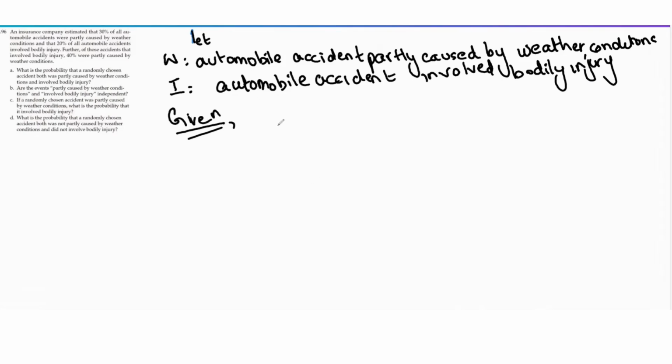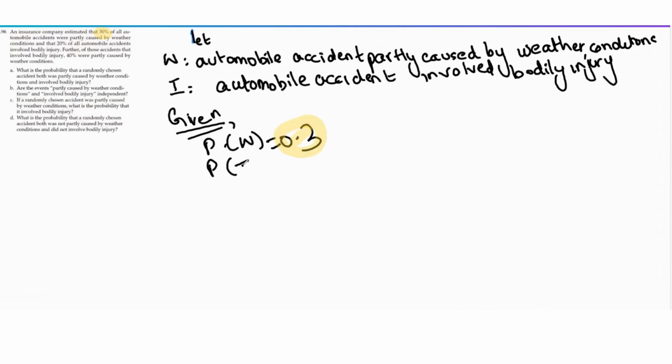So what we're given is this side. We're told that an insurance company estimated that 30% of all automobile accidents were partly caused by weather conditions. So the probability of W is 0.3. And we're told that 20% of all automobile accidents involve bodily injury.